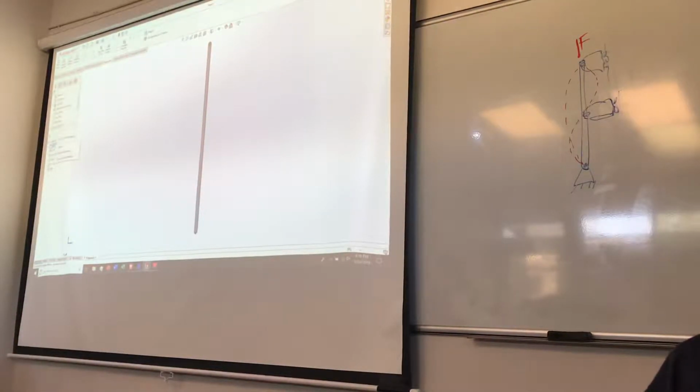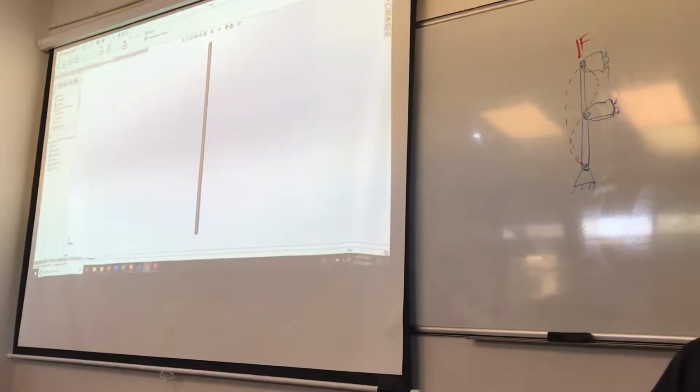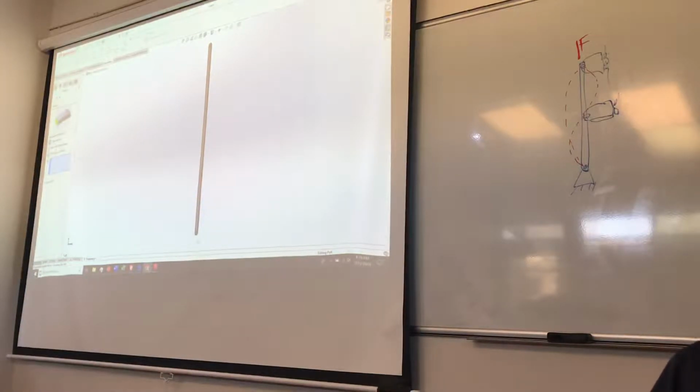I get to tell it what material it is. I'm going to tell it it's steel, because I like steel. I know we're Boeing country, we make everything out of aluminum, but I like steel. We're going to fix some geometry down here at the bottom. We're going to make the symbols really big, because we've done this before.